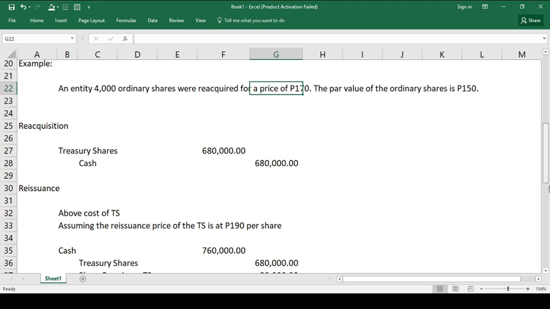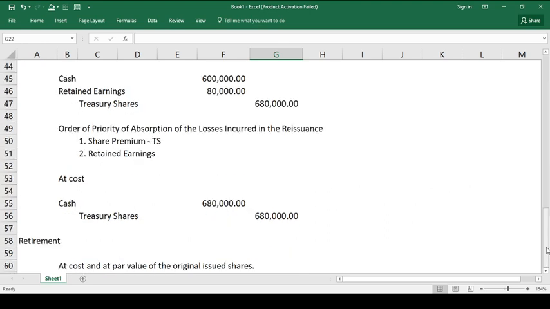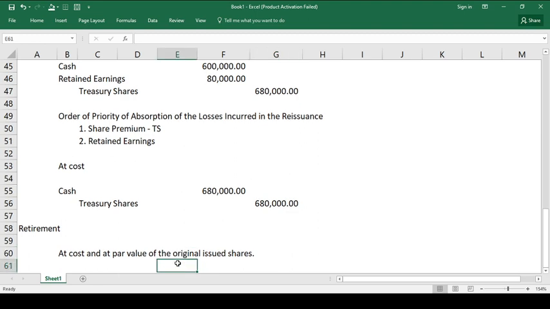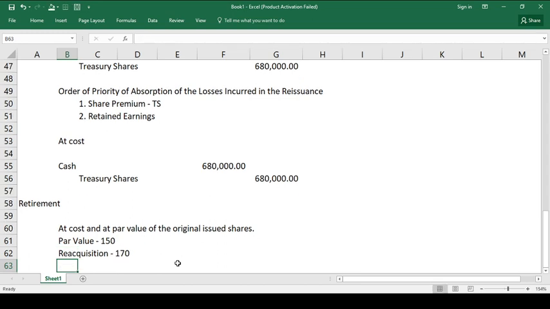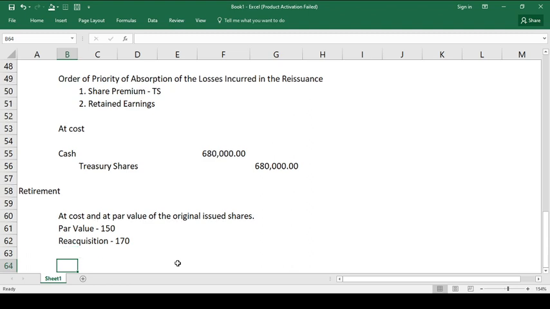Sige, yun po yung prices natin, ha. The par value of the shares was 150 and the reacquisition price is 170. So how are we going to prepare an entry if there is a retirement at cost and at par value of the original issued shares? Una, because there is retirement, once we retire the treasury shares, we also retire the original issued shares.